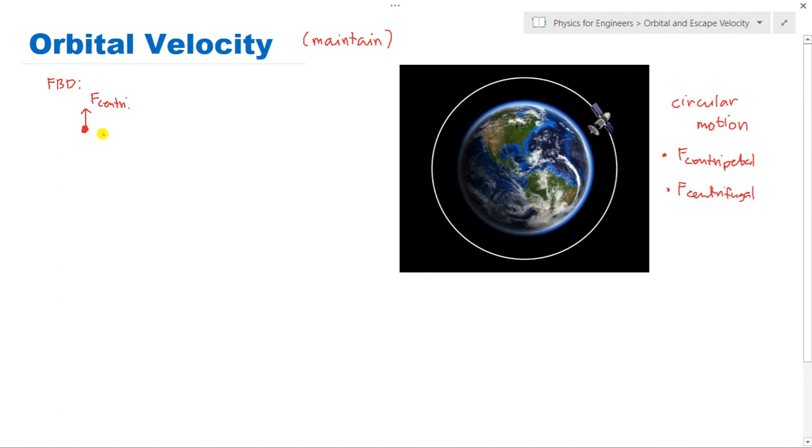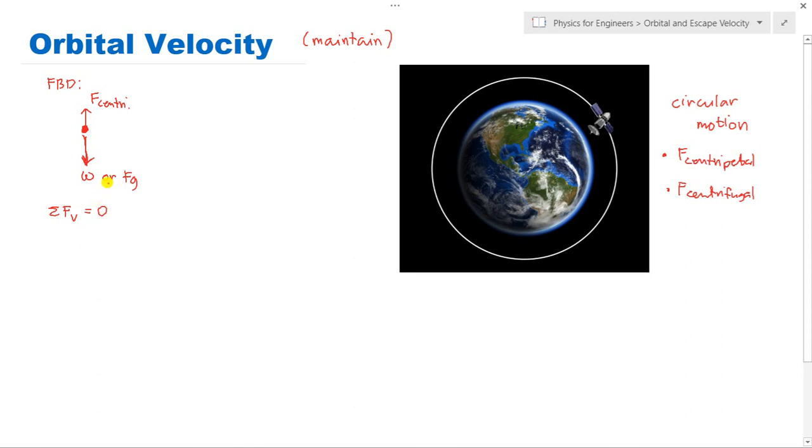And what pulls it back is of course its weight W, or the gravitational force FG. So from this FBD, class, we can say that the summation of forces along the vertical is equal to 0 so that it maintains its dynamic equilibrium state.